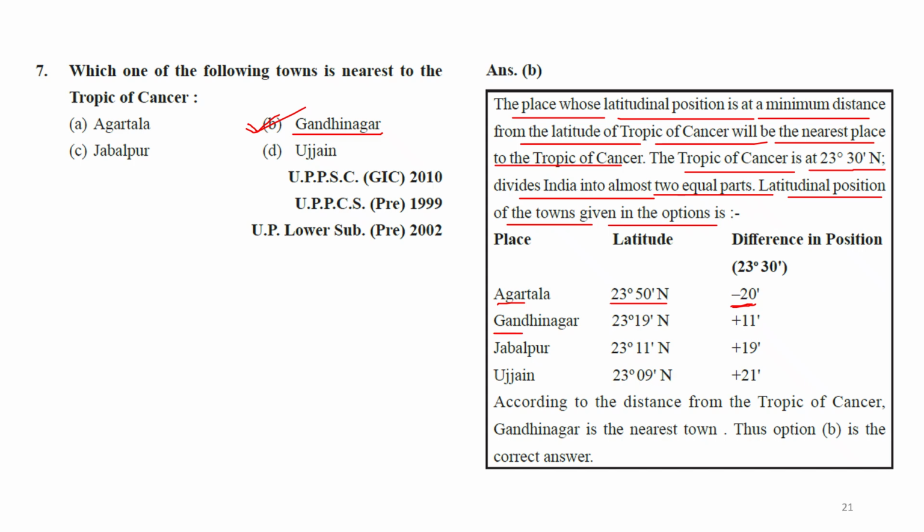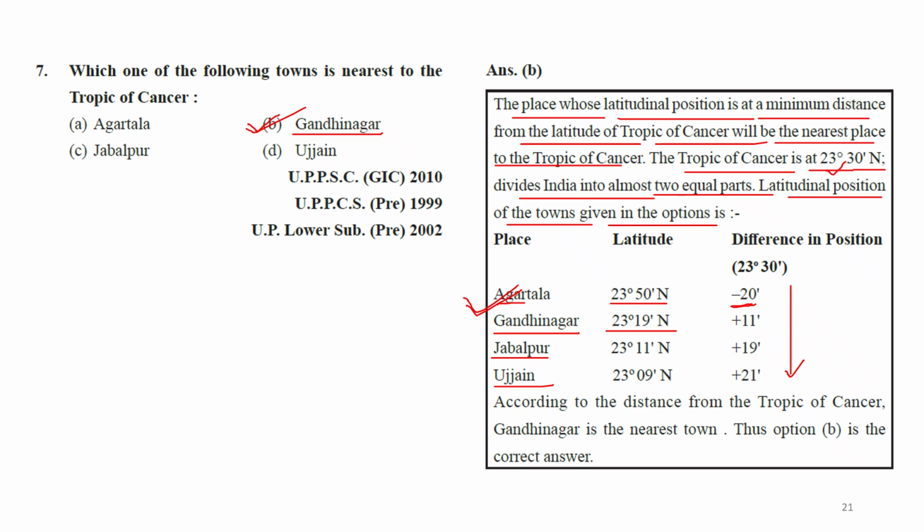Similarly, Gandhinagar is at this position. If you subtract with this, you'll get plus 11 minute. Similarly, you can do for Jabalpur and for Ujjain. So out of these four, okay, Agartala has the minimum, nearest distance to the Tropic of Cancer.